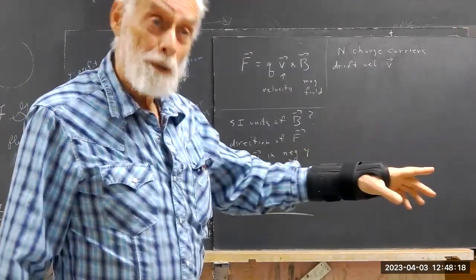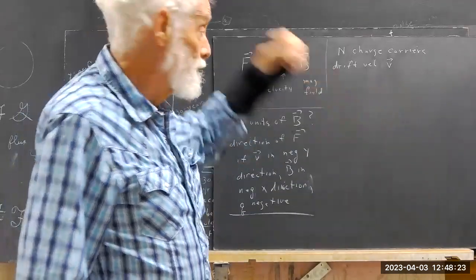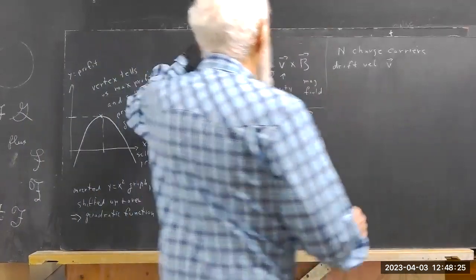It's in the direction of the wire, and these things are drifting in the direction of the wire. So it says vector.